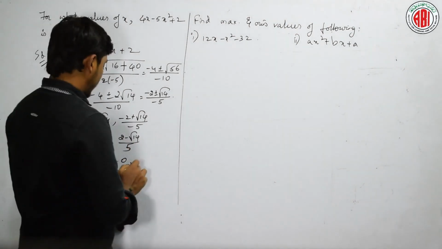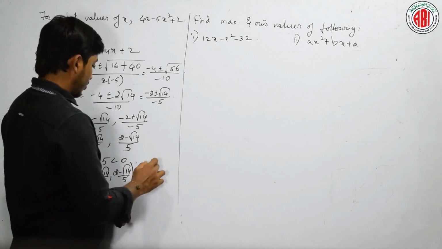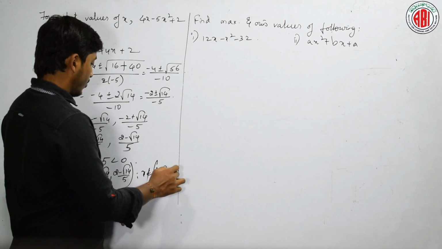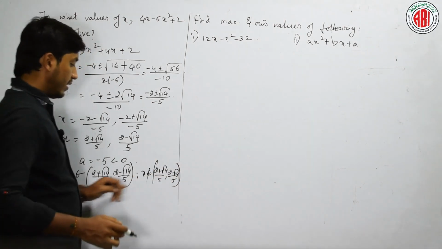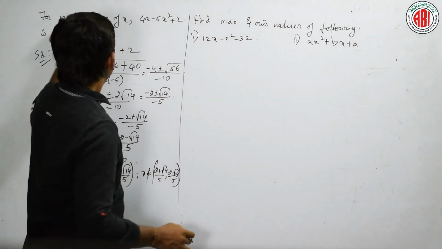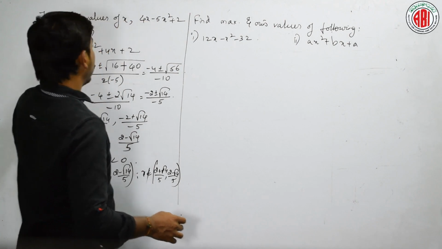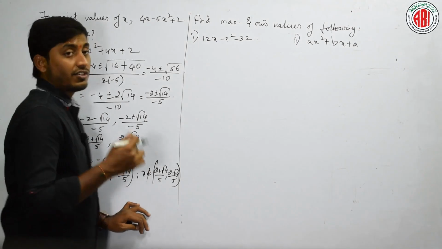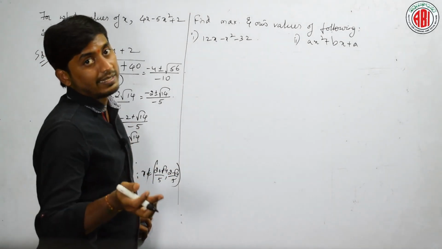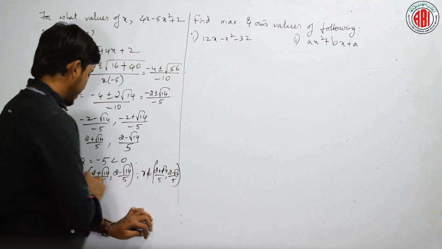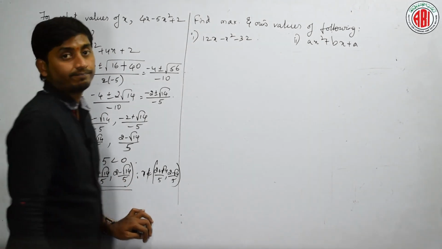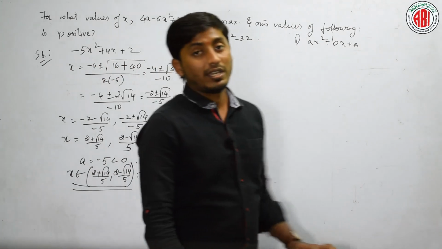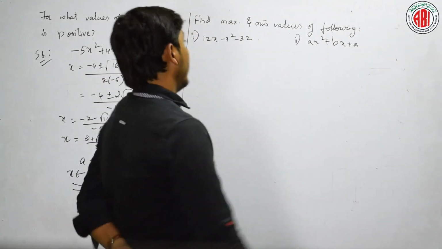And one more is x does not belong to that interval. For these both cases, this is positive at some values. For which case? Since a is less than 0, we should get the opposite sign. For which condition? For this condition is the answer. Is that right? You understood, right? Fine. Next question.